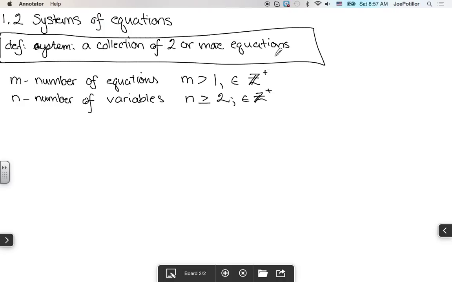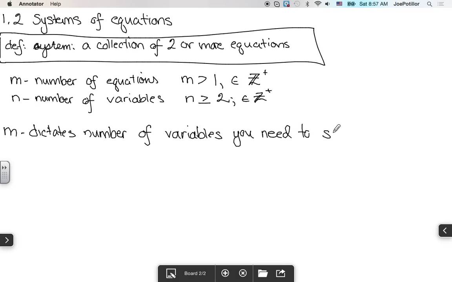Of course, the number of equations dictates the number of variables that you need to solve the problem.